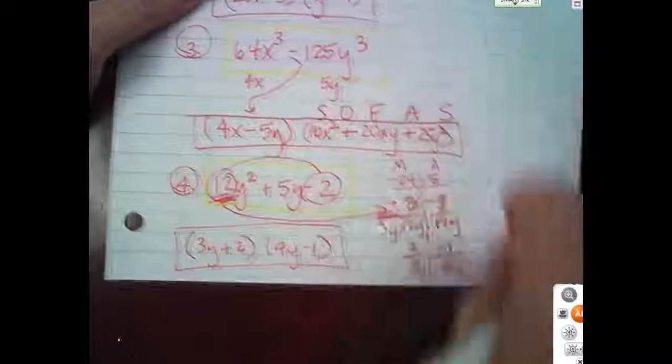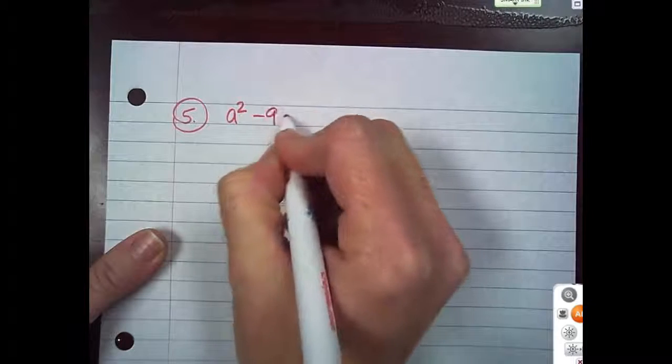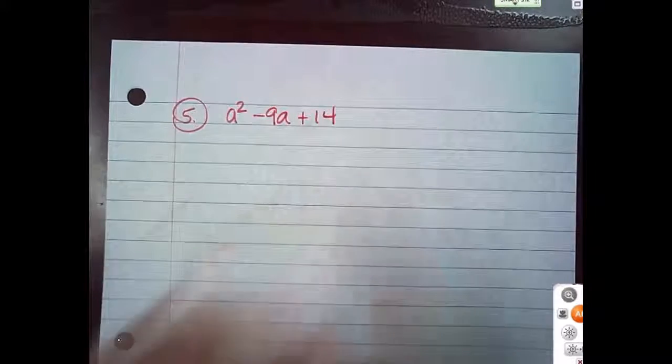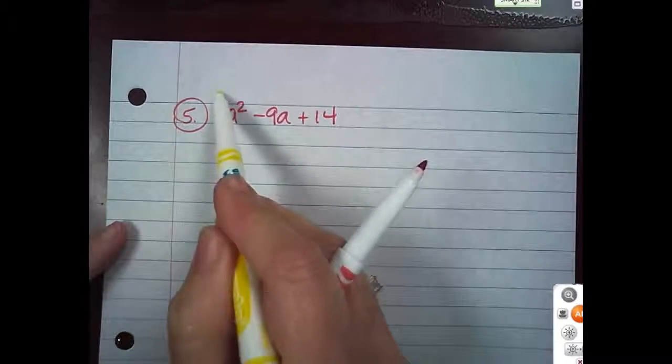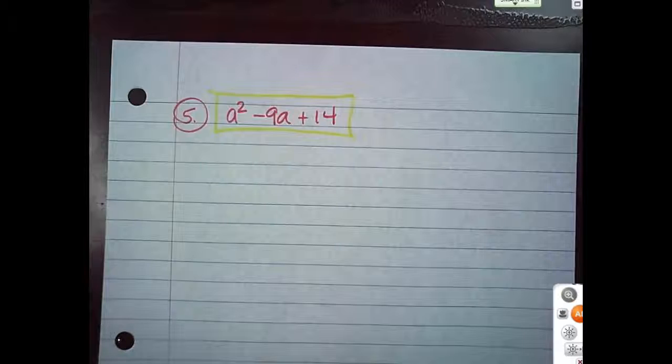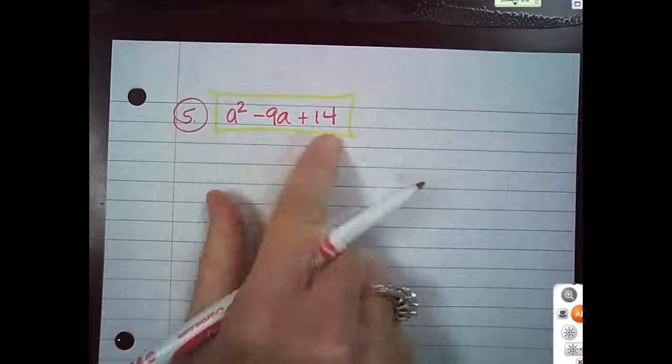Okay, last one. A squared minus 9a plus 14. This has 3 terms.